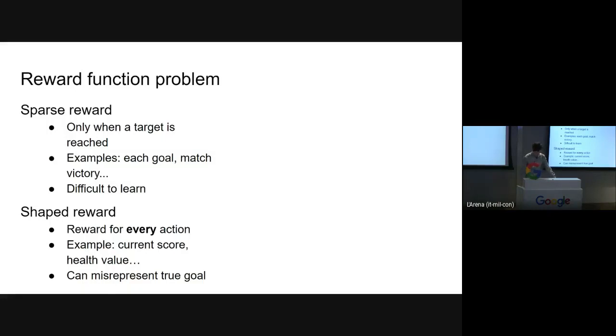And we speak about shaped reward if the agent receives it, positive or negative, for every action it performs on the environment. In a sense, the agent knows immediately how good or bad was its previous action.